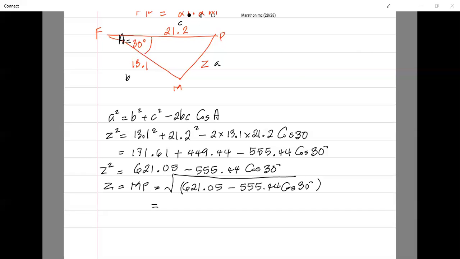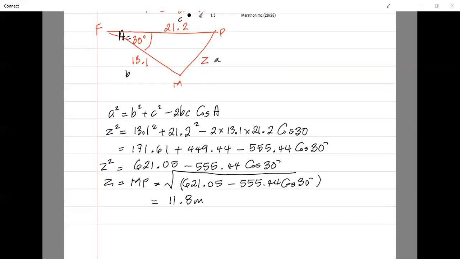So this is the square root of, open bracket, 621.05 minus 555.44, the cosine of 30 degrees, close bracket. And what I got is 11.8 meters. So the length of PM, which was the final thing we're asked to find, is 11.8 meters.